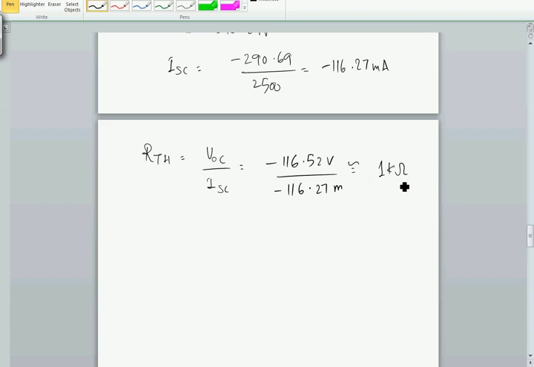So that is going to be your Thevenin equivalent circuit.